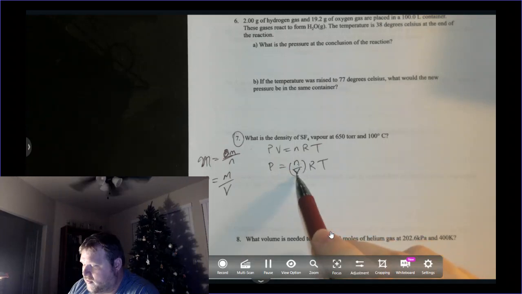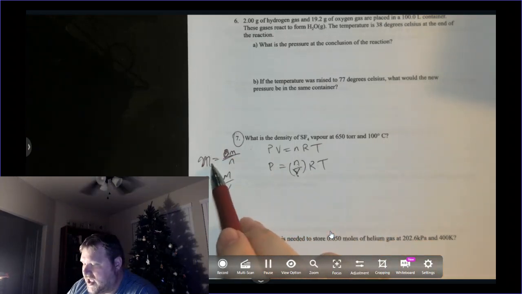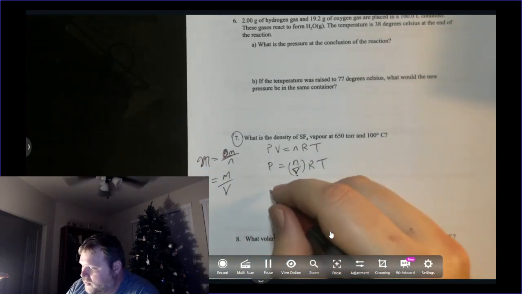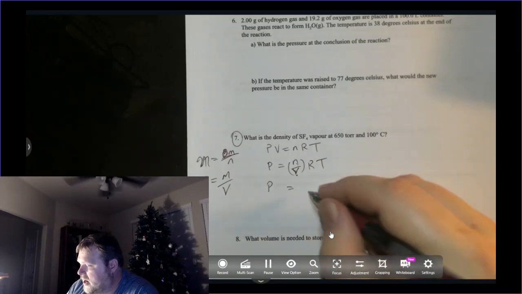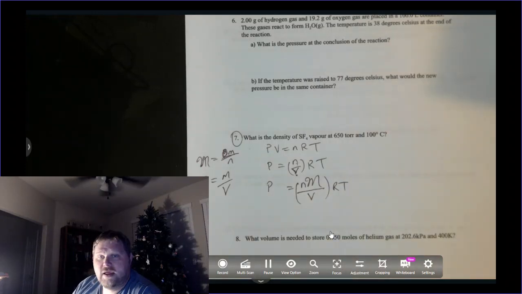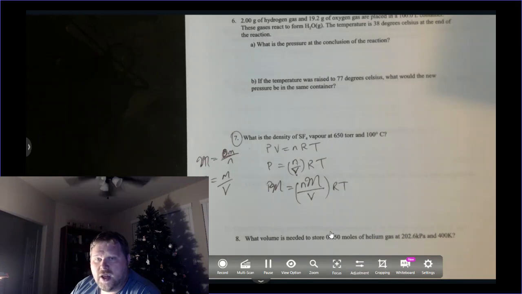I want grams over liters, not moles. I can get mass if I just had a molar mass and multiplied it by my n. So what I'm going to do is rewrite that, and I'm going to put n times the molar mass over V times RT, and then making sure I follow my algebra rules, what I do to one side, I have to do to the other.